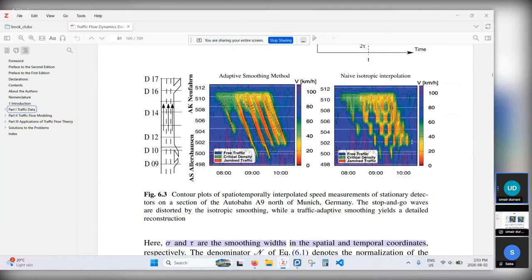By the way, there is a problem with the alignment of this figure on the left with the lines here. These lines are also detectors, but they are not aligned to the figure on the left. They should be, as I told the author of the book.